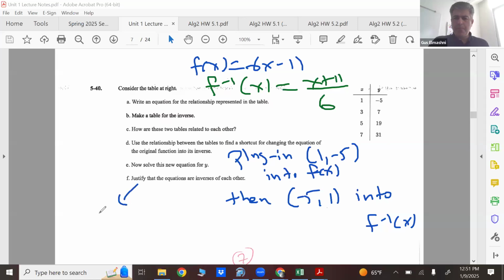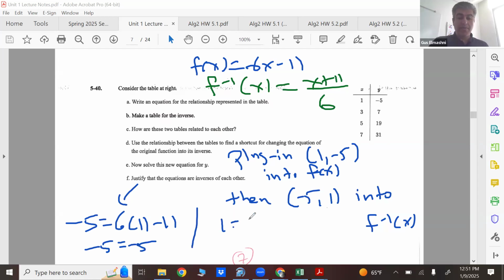So if I were to plug in -5 for y and 1 for x, does it work out? Yep. And if I reverse those coordinates and plug in -5 for x and 1 to the inverse, does it work out? And it does, because 1 equals 1. Or 1 equals 6 over 6, which is 1 equals 1. So that's one way you could verify, is take a point that satisfies the original, reverse the coordinates, plug into the inverse, and it should work out.